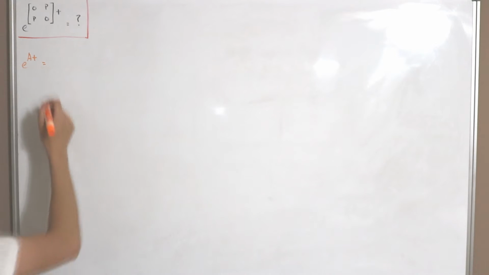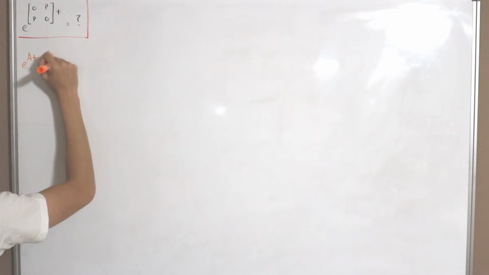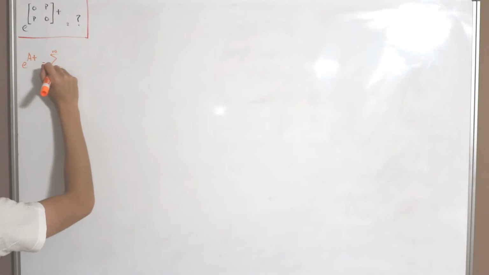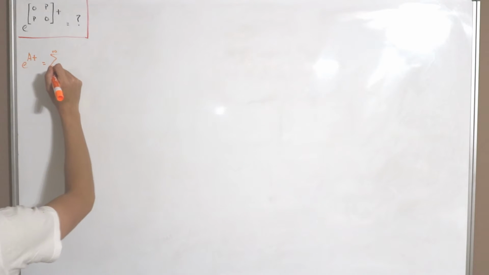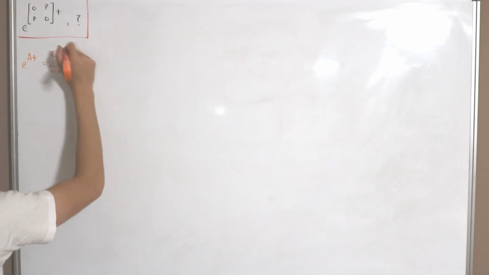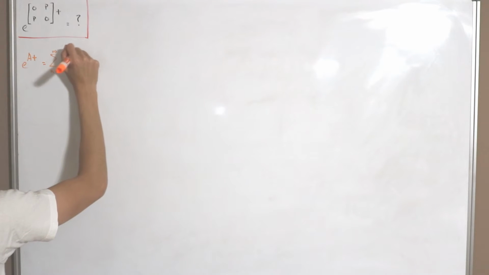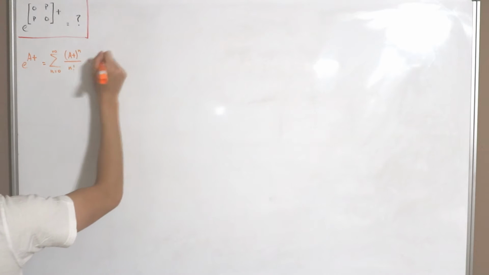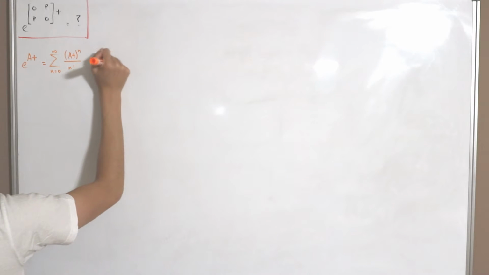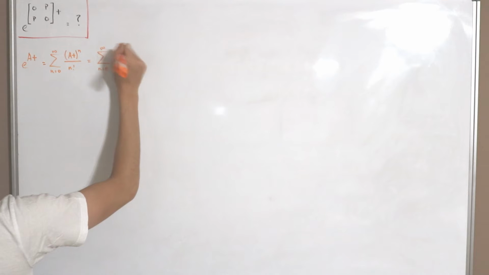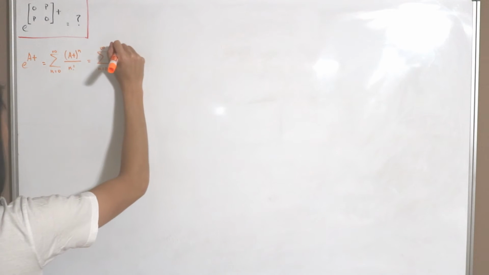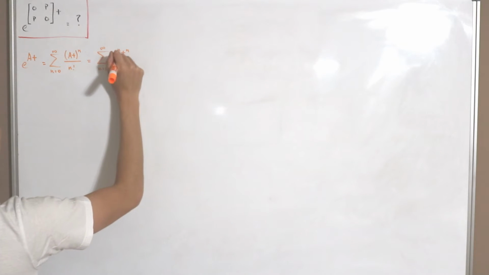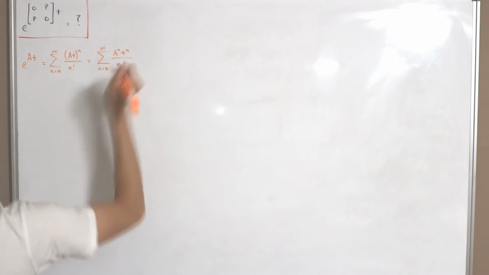So we know the power series representation, where the index starts at 0, is the sum of At to the power n, divided by n factorial. That way we have the infinite sum of the matrix A to the power n, times t to the n, divided by n factorial.